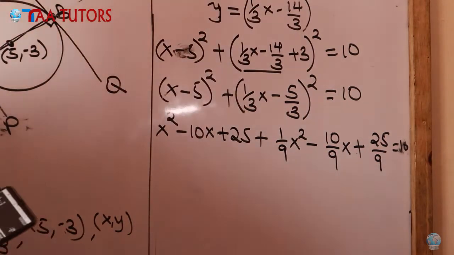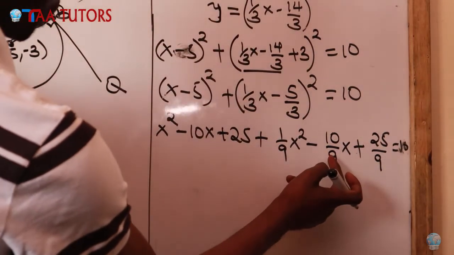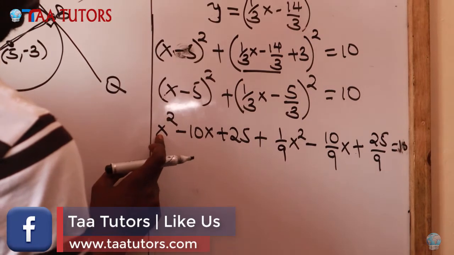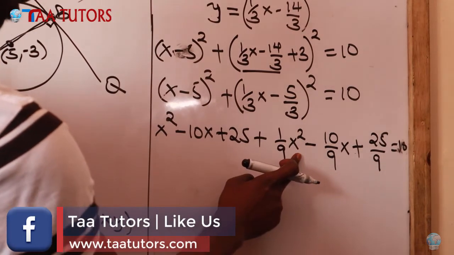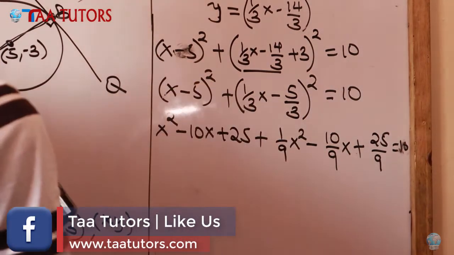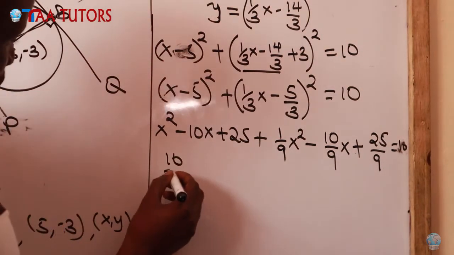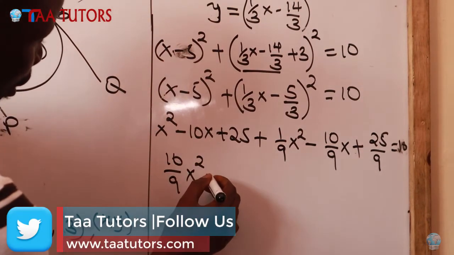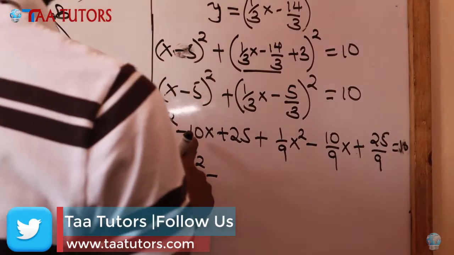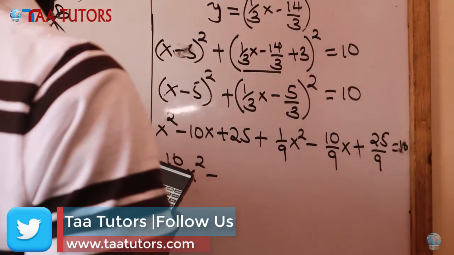Now moving forward, we collect like terms. x^2 plus 1/9 x^2 is 1 and 1/9 x^2, in proper fraction it becomes 10/9 x^2.